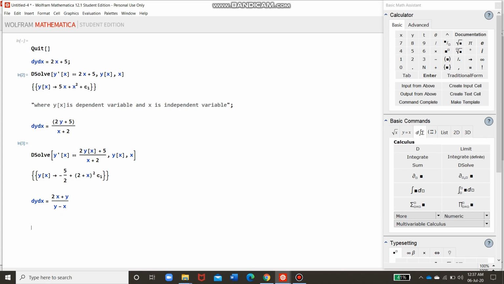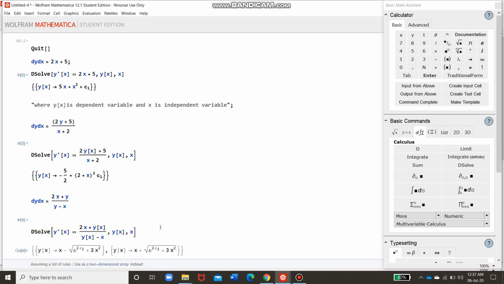So how you do it is, I'm just going to use DSolve. LHS is going to be y dash of x, and your RHS is going to be this, y of x, and then here y of x, and the function is y of x, and the variable I want to integrate with is x, and this is my equation.